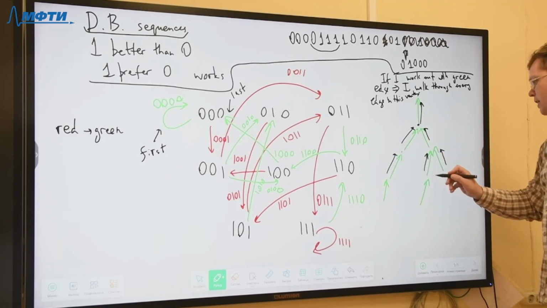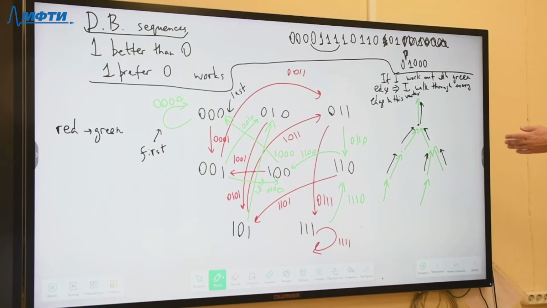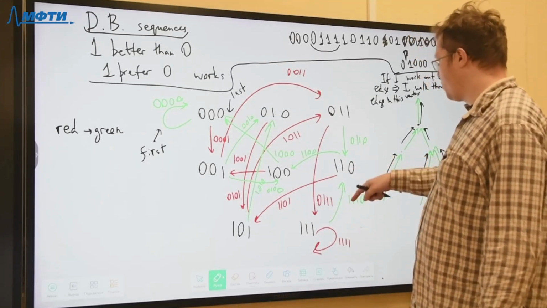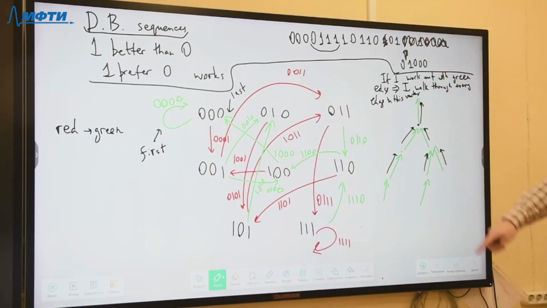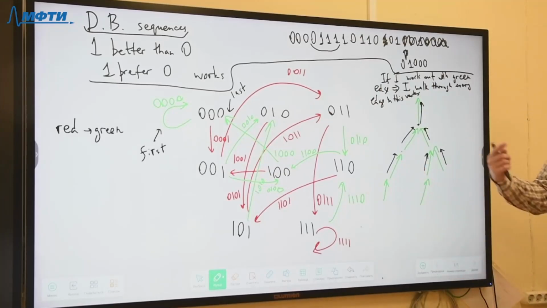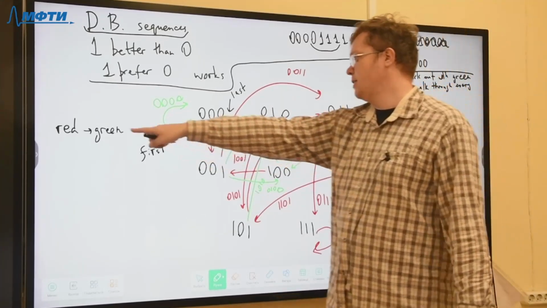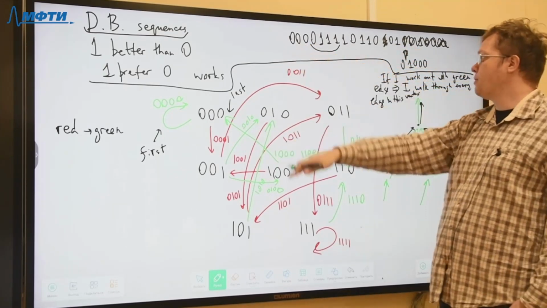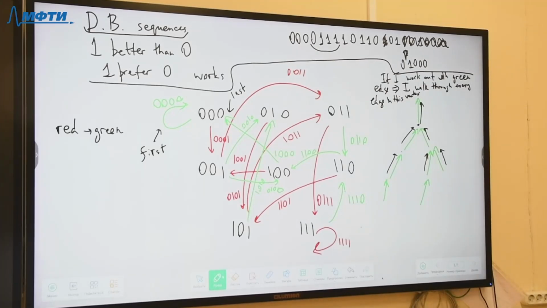So by induction, I can prove that I visit every green edge, but every green edge means that I use also every red edge, because the red edges are also used before green. So I go out from every vertex, so it means that I use all the edges. And the same idea will be proven if I have more than 2 elements. If I have 3 elements, the same idea holds, because I have an order in elements.